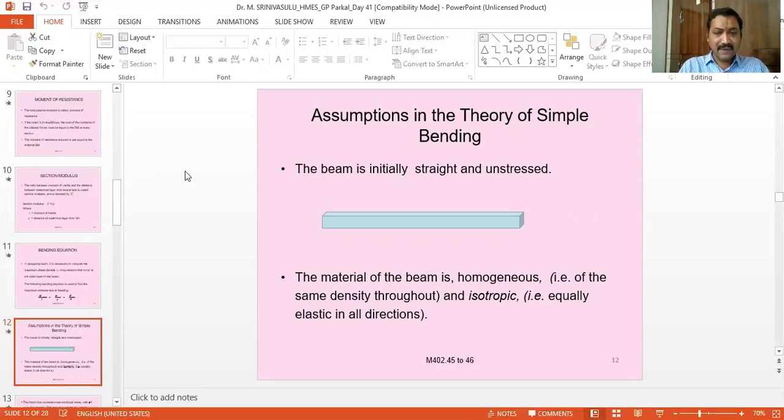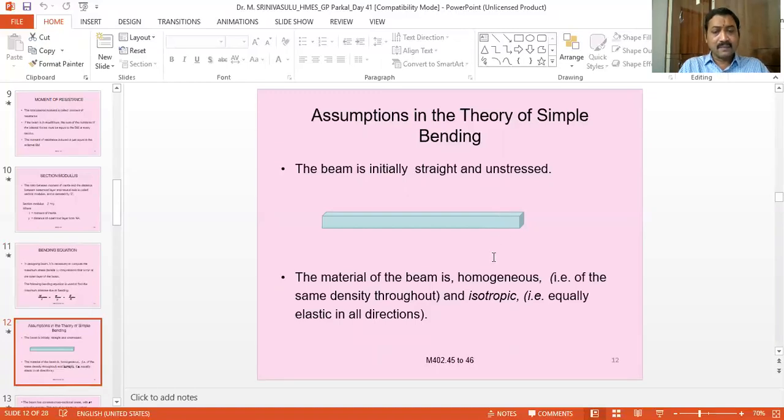That means this beam is initially straight, it does not have any curvature or any bending. Initially the layers of the beam are straight and are not subjected to any forces, that means the layers are not stressed. This is the first condition.